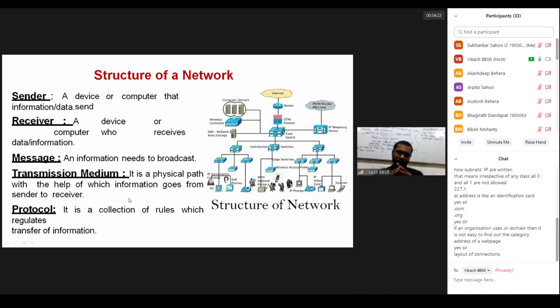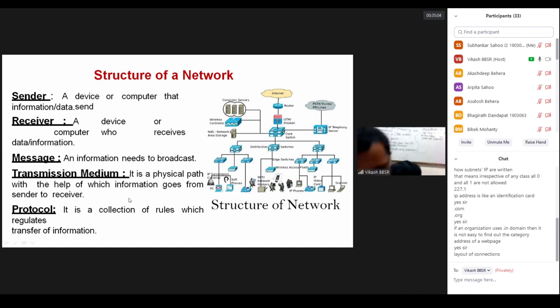Suppose a four-wheeler company is assembling all the parts. If they do not connect each part properly, at the place where it should be connected, and do not arrange in that order, what will be the problem?